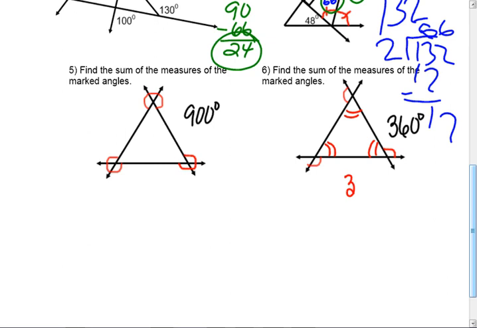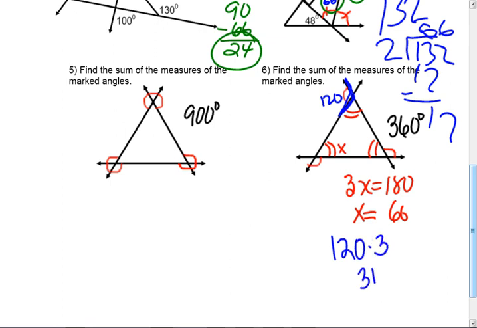Call it x. 3x equals 180. So what's x equal to? 60. Then how big is this angle? It's 120. And how many of the 120s do you have? So it's 360.